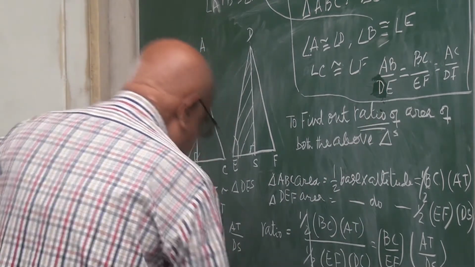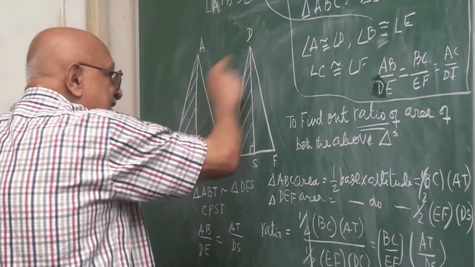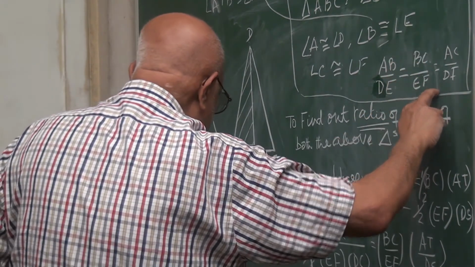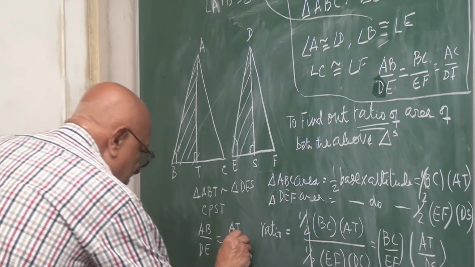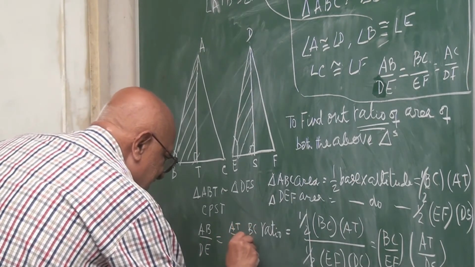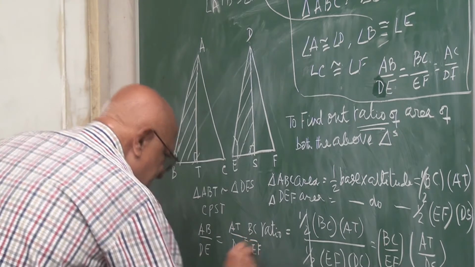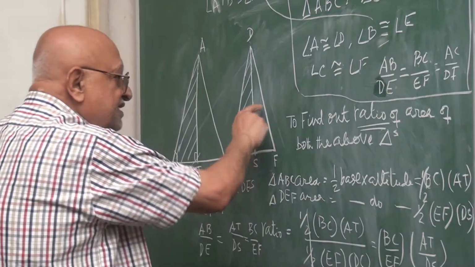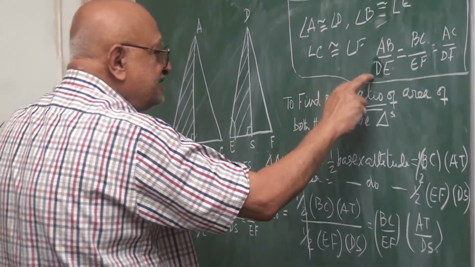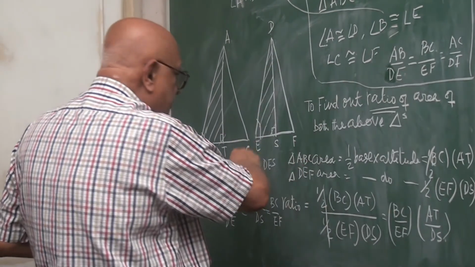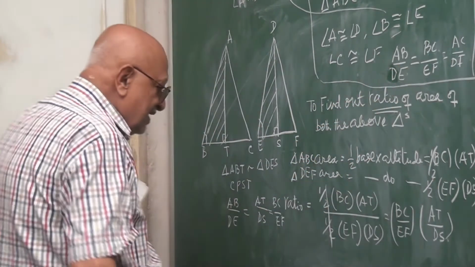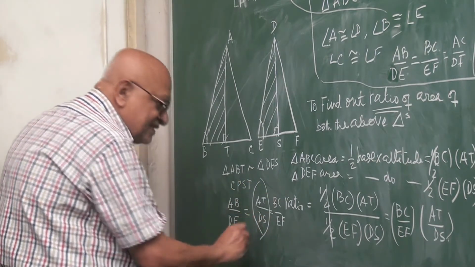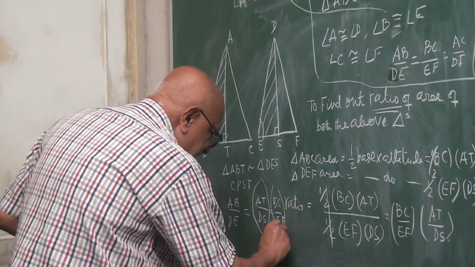So AB by DE, which was given, is equal to BC by EF. So I can write also is equal to BC by EF. Mark this one. In this triangle, what I wrote previously was not appropriate. It should be AB by DE. Now this AT by DS, I can substitute BC by EF here.